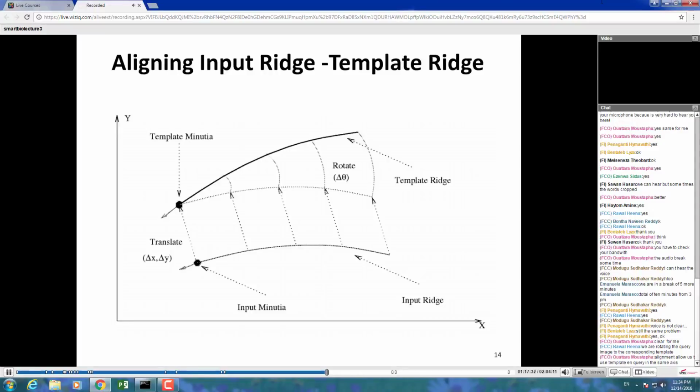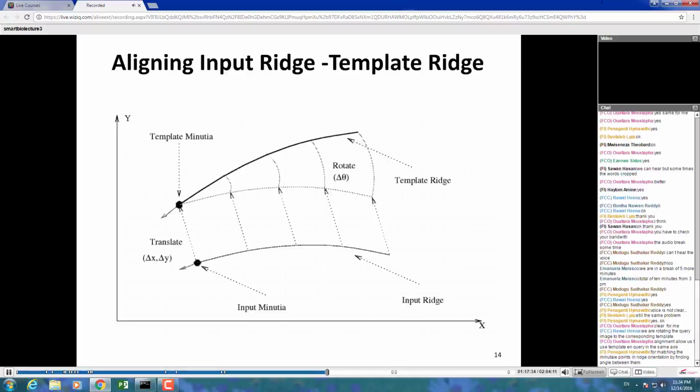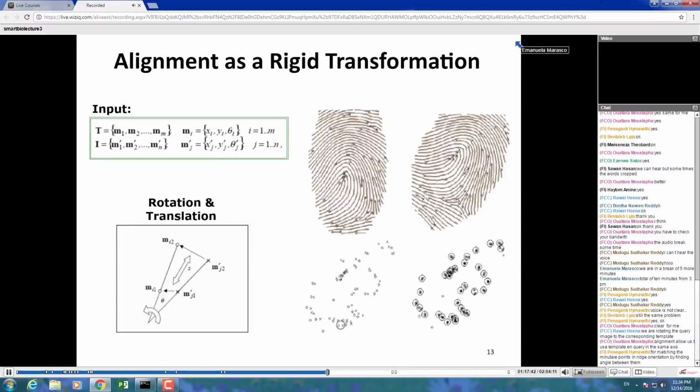Right? And then alignment, this is the first observation. And then alignment allows us to use the templates in the same axis, for matching the minutia points and ridge orientation by finding the angle between them. The concept is something that you are getting, so I'm very glad.